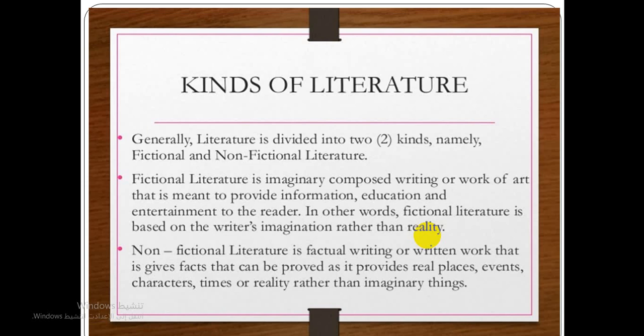Examples of non-fictional literature include autobiographies, biographies of authors, writers, essays, diaries, and journals, magazines, newspapers, subject textbooks such as geography, history, and civic education. Yes, these are examples of non-fictional literature.